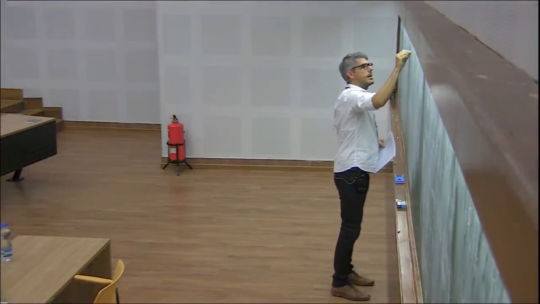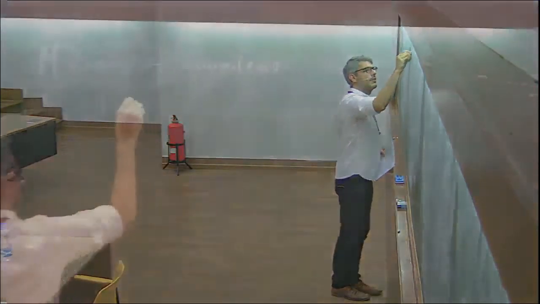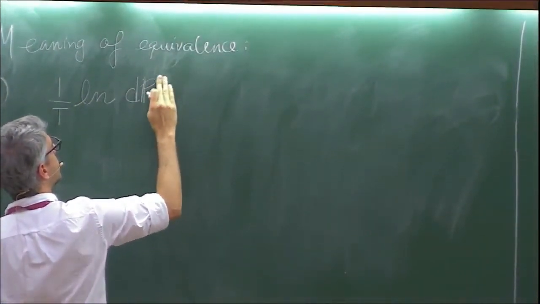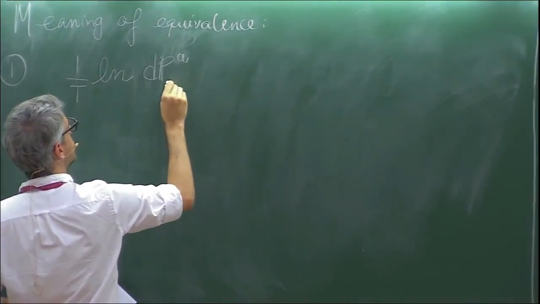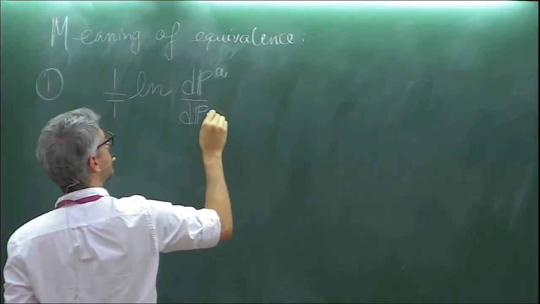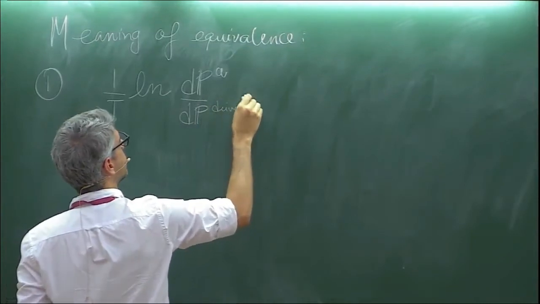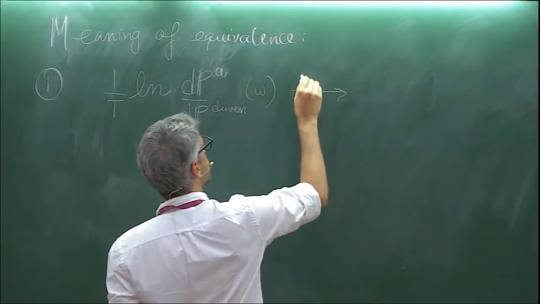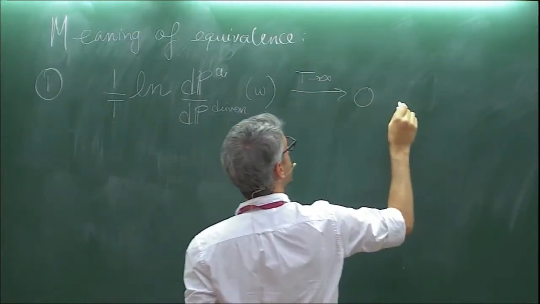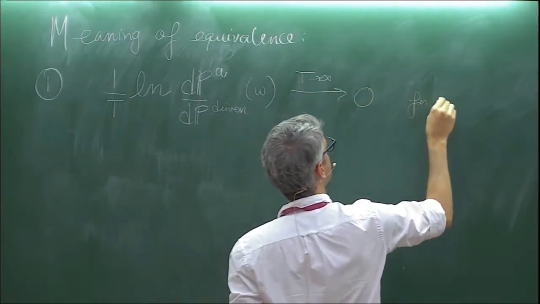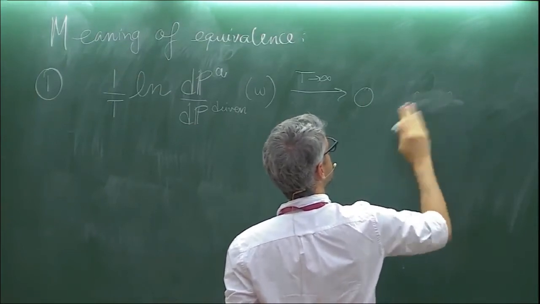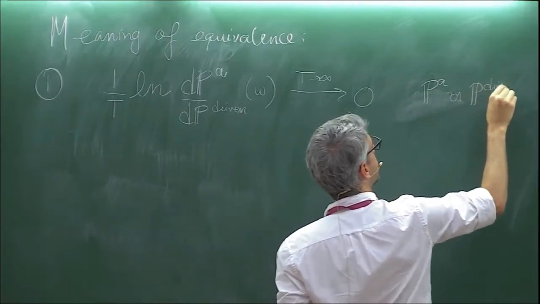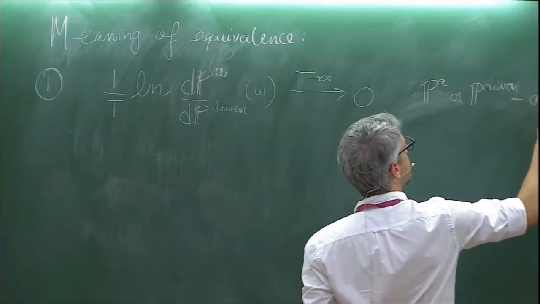The first one is that if you look at the log of the Radon-Nikodym derivative between the conditioned and the driven, so this is for all elements of my space, this goes to 0 in the long time limit for almost, or actually P_A or P driven almost everywhere.